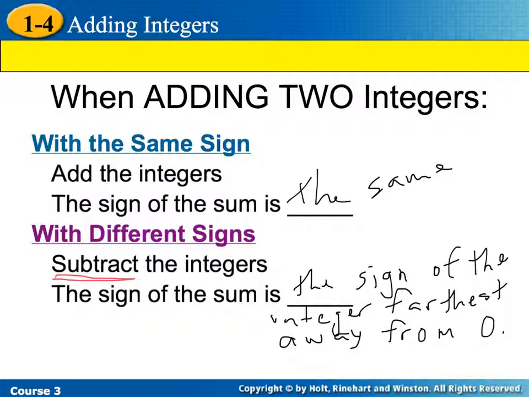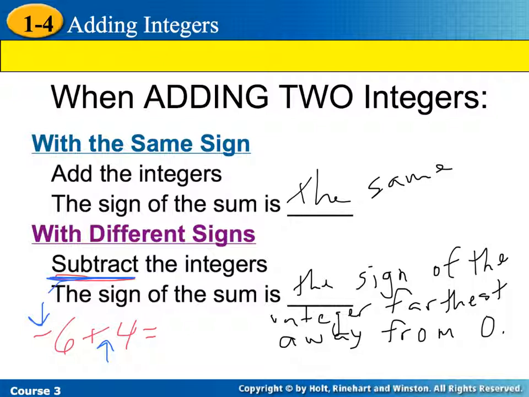Okay? When you look at this, I am going to take -6 plus 4. Notice I have different signs here. I have a negative and I have a positive. Because of that, I subtract between 6 and 4.